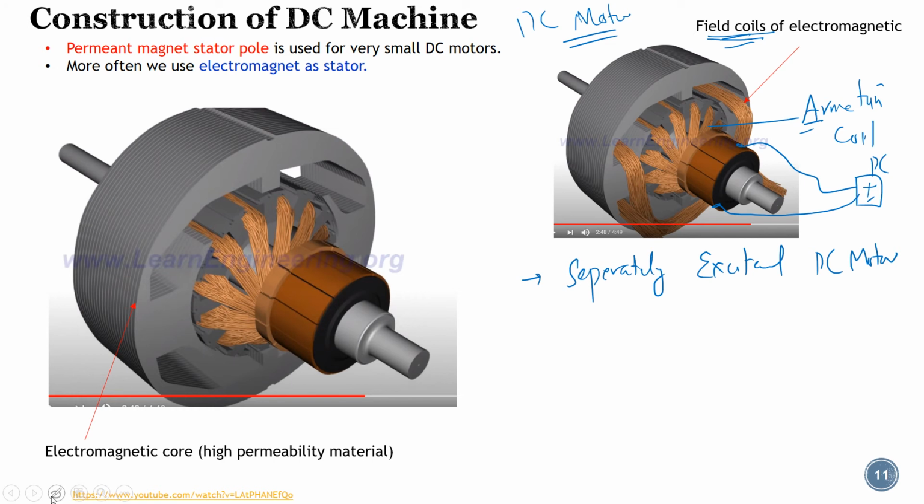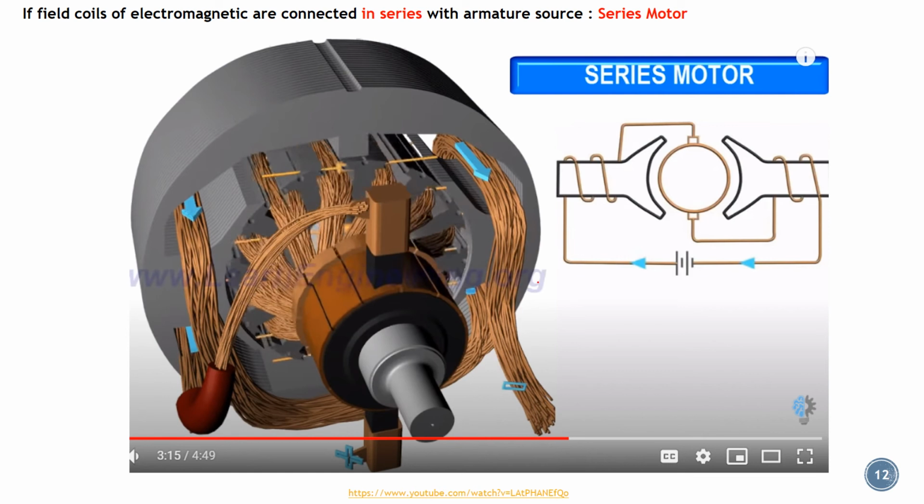If we feed using the same source, there are two possible combinations: we can connect both coils in series or in parallel. If we make a series connection, for example this is my armature coil, these are brushes, and I connect the field coils in series, and the other side is connected with the second end, this is called a series motor.